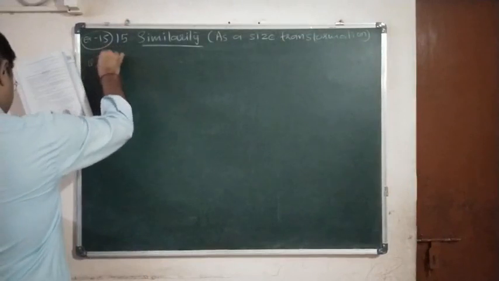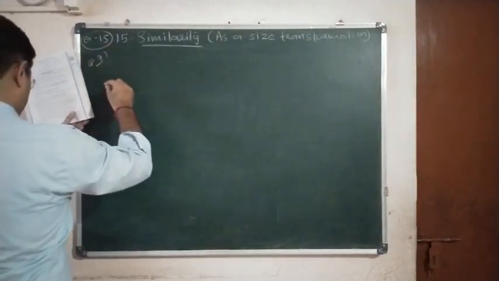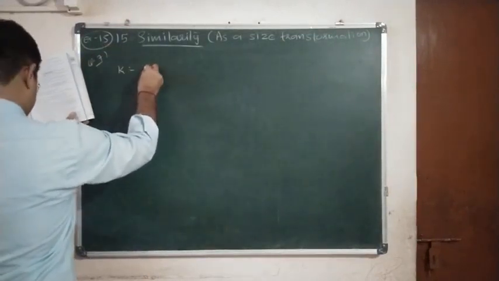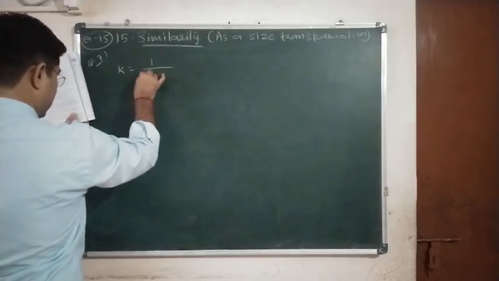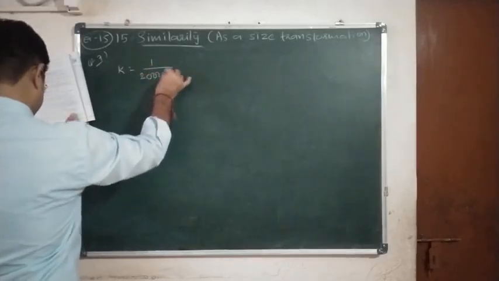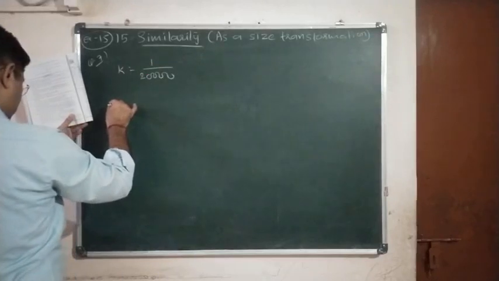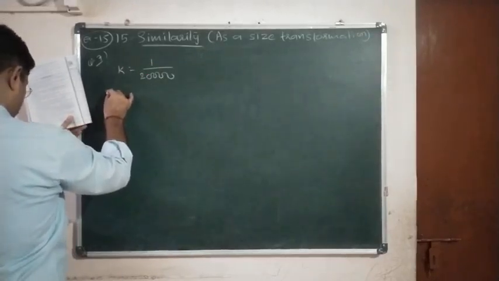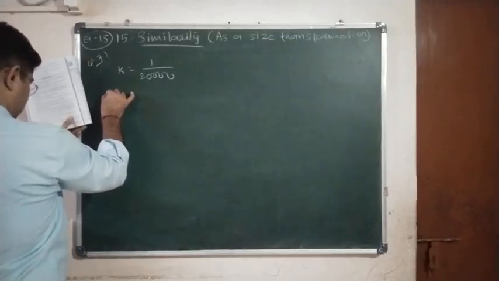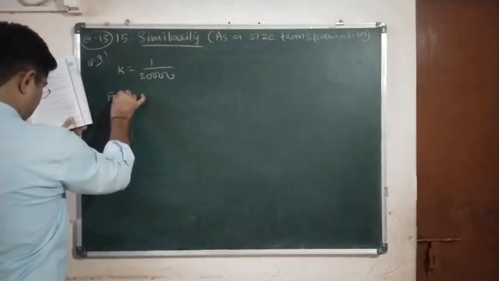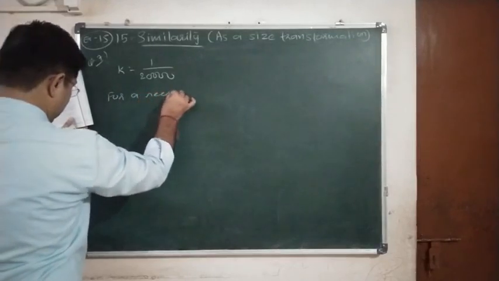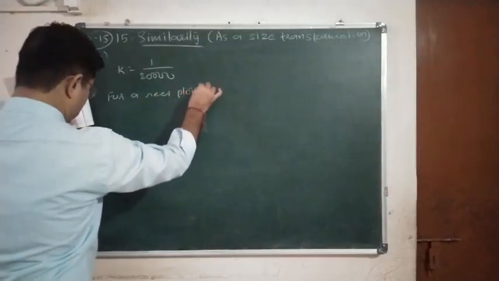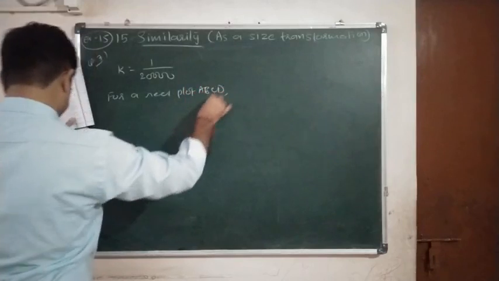Okay, question number 7. On a map drawn to a scale, K is given as 1 upon 20,000.